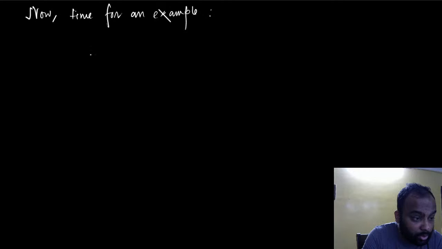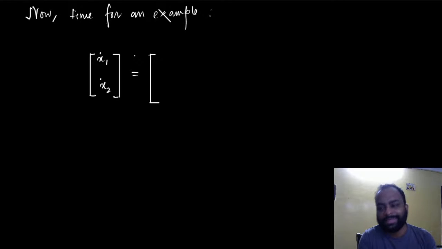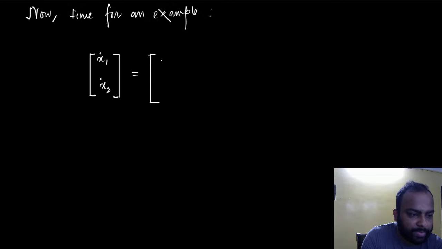I'm going to consider a second order system, to save me from the agony of calculating so many things without teaching you the diagonalization method. Really speaking, unless you understand the diagonalization method, doing this for a 3x3, third order system by hand is really difficult. Okay, so let's say the state space model looks like this.